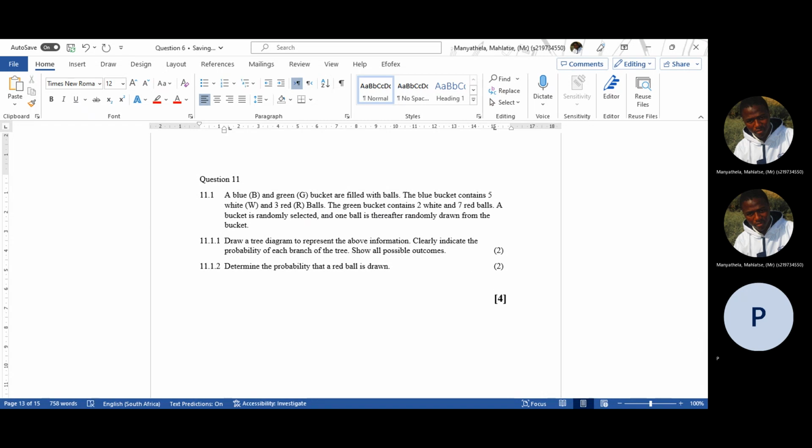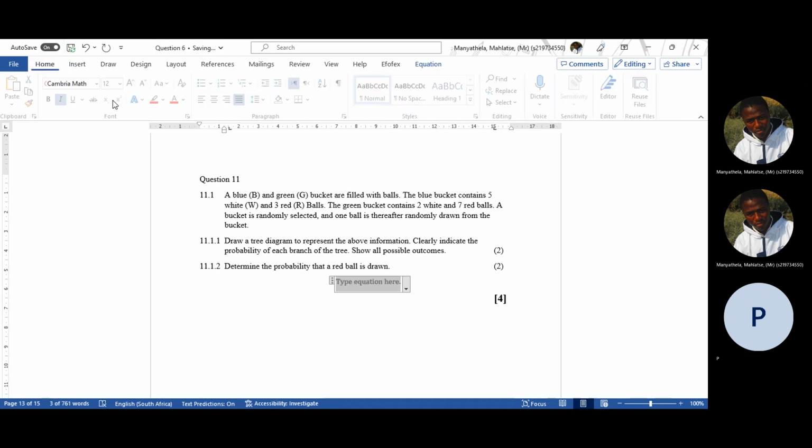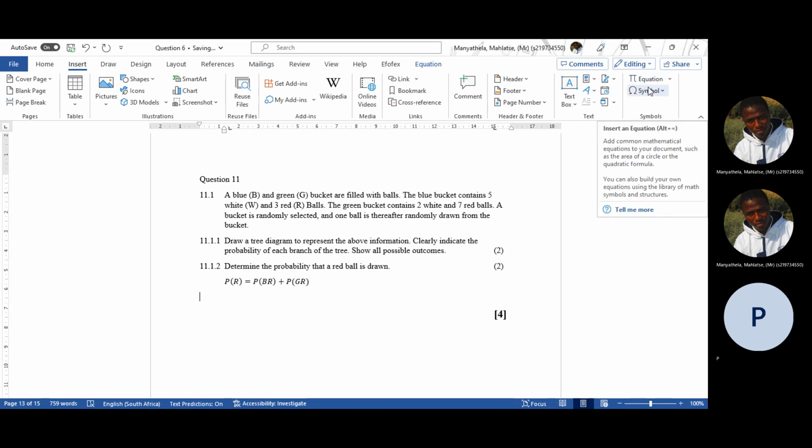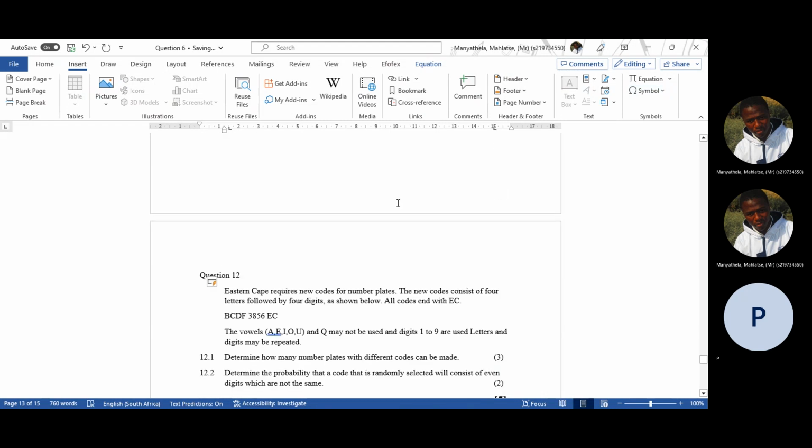So let's insert the formula for determining the probability, which is P(R) is equal to the probability of BR plus probability of GR, which will be equal to, you remember we have 1 over 2 and 3 over 8.